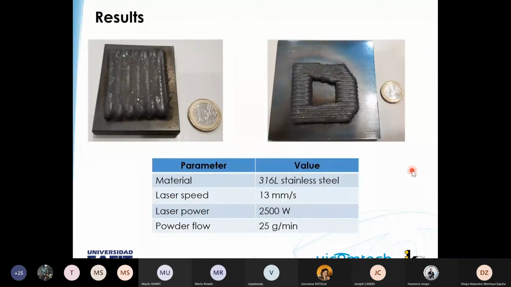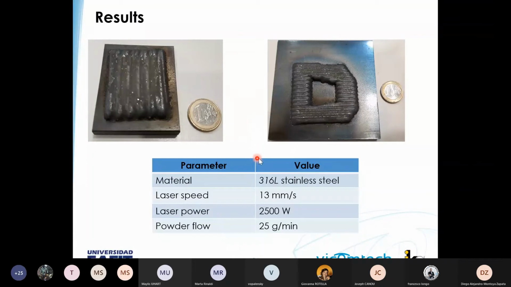Here, we were able to validate our approach with a real laser metal deposition machine. This is a powder-fed one. These are 2 examples: here on the left, a simple polygon, a simple square, and on the right-hand side a polygon with a hole.